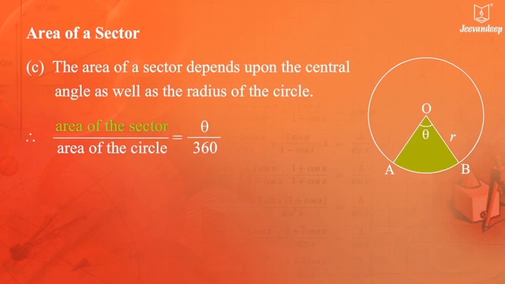Therefore, area of the sector upon area of the circle equals theta upon 360.